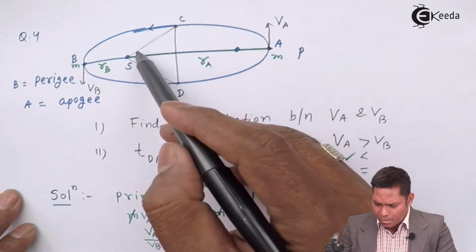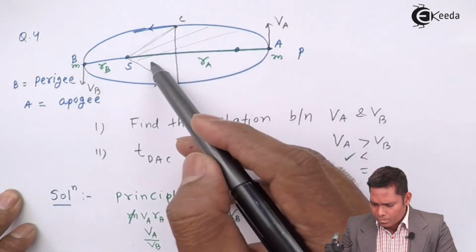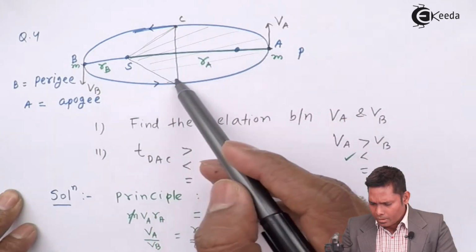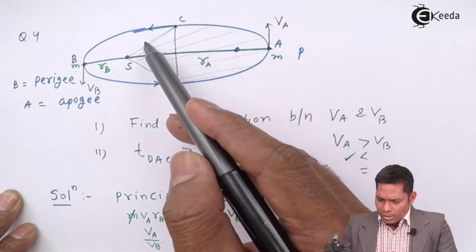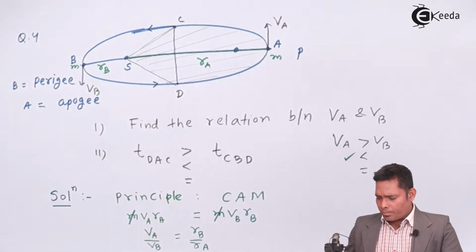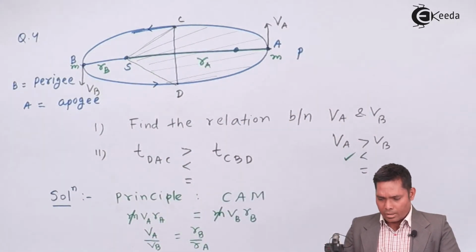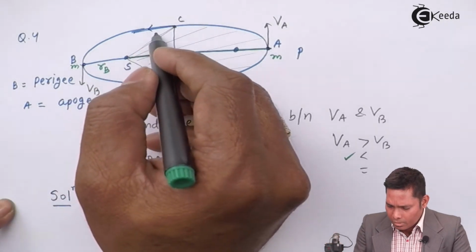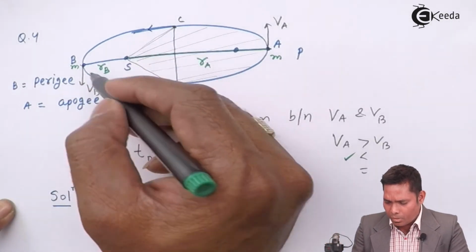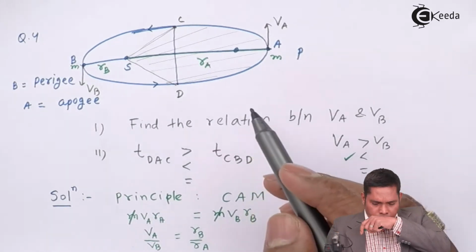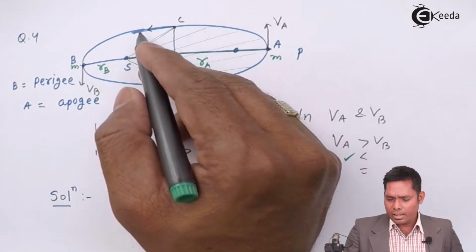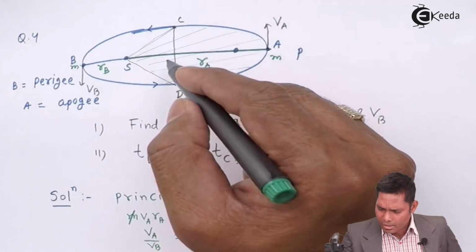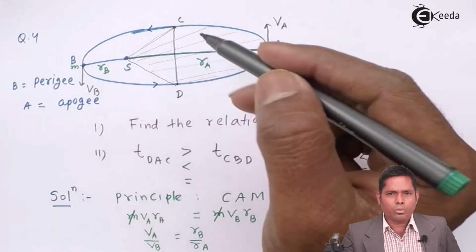This is the area swept. This area is obviously greater than this area, the remaining part you can see here. This area is smaller. So this area is obviously more, so it will take more time.